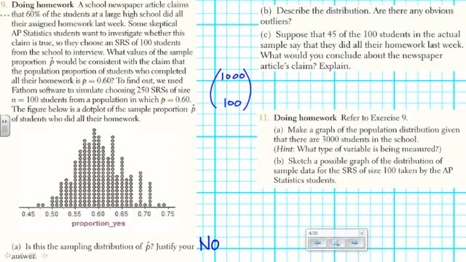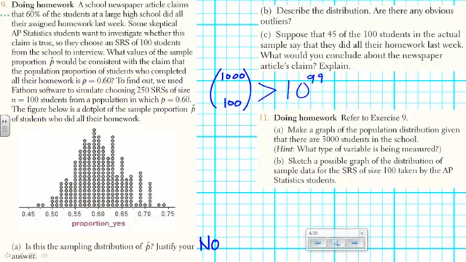Can someone tell me what 1,000 choose 100 is? Overflow. This number, 1,000 choose 100, is greater than the largest number the calculator can store. It's larger than 10 to the 99th. It's larger than a 1 followed by 99 zeros.